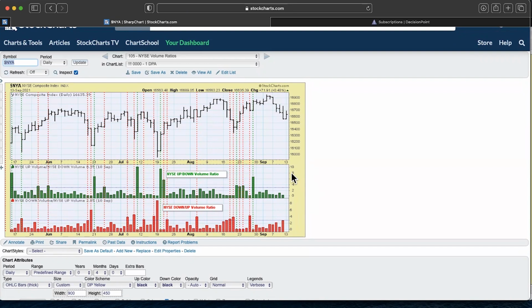But let's go back. I was going to talk to you about some of these prior climaxes, these two in particular. So this one, you can see actually we had the climax a day before that. You had an elevated up-down volume ratio. And we already know that we had those climactic readings on the other chart.